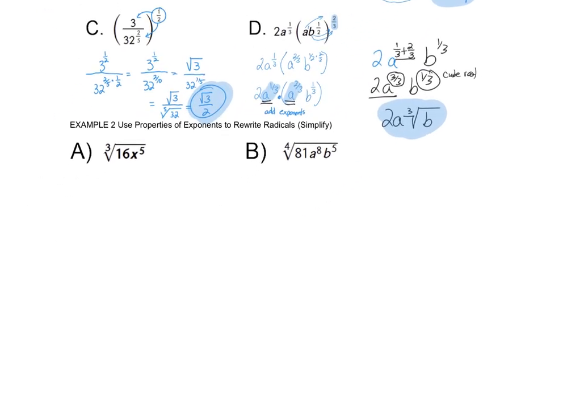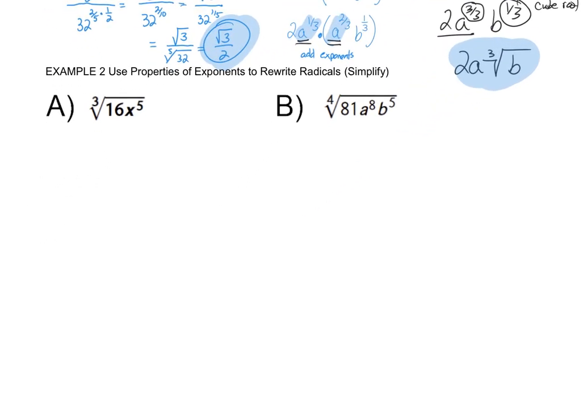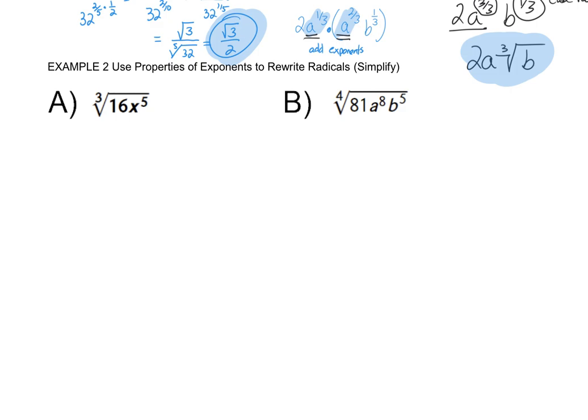Now, the reason I point that out is our next set of problems, we're going to now start with radical symbols, and we're going to use the properties of exponents to try to simplify, as you can see in the directions, simplify and write our answers without radicals.